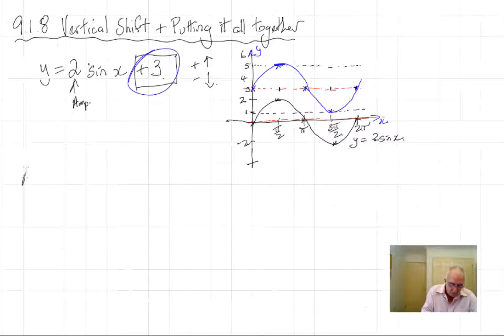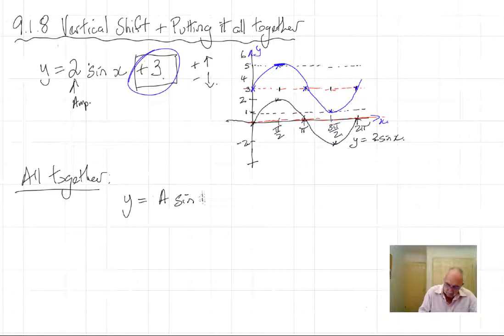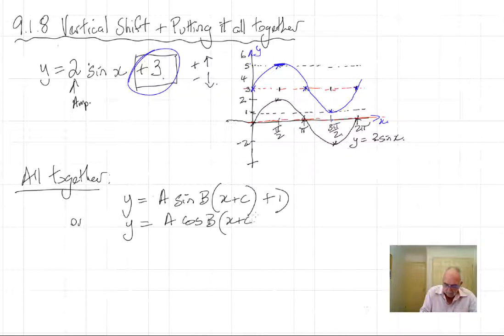Now putting it all together, we're only interested here in sine and cos. There is a tan graph, but we'll leave that for future courses. So just remember this: if you've got y equals a sine b outside of x plus c plus d, or if we've got a cos graph, a cos b outside of x plus c plus d.